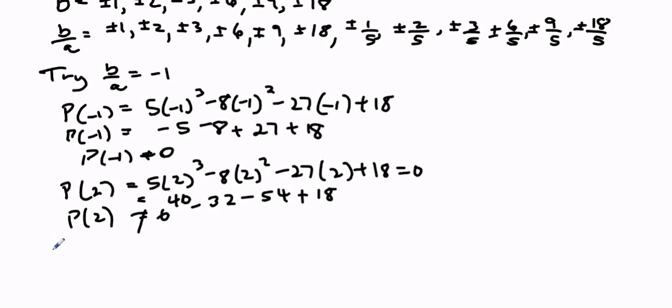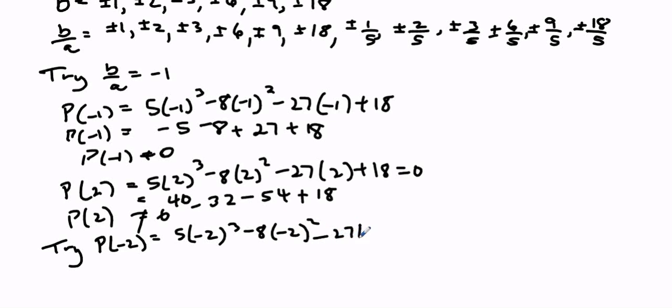So now I'm going to try p of -2, which might work. I'm going to go 5 times -2 cubed minus 8 times -2 squared minus 27 times -2 plus 18.